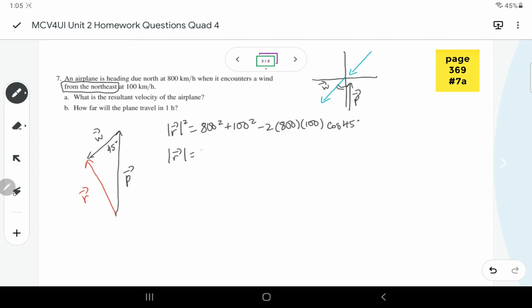I get that my resultant would be 732.71 kilometers per hour. Now, that's not a velocity, that's just a speed. If they ask you for velocity, remember velocity is a vector and needs two parts. I also need my angle.